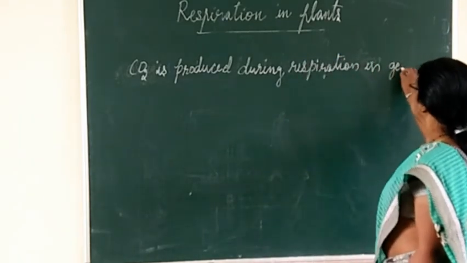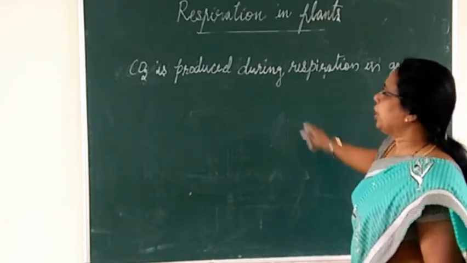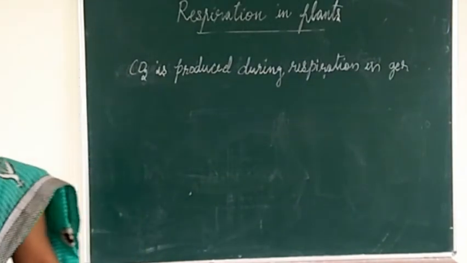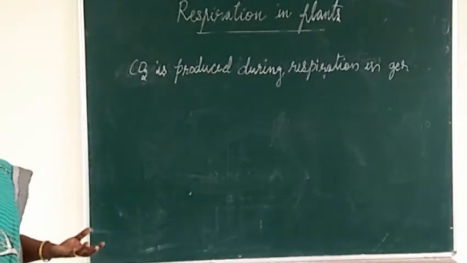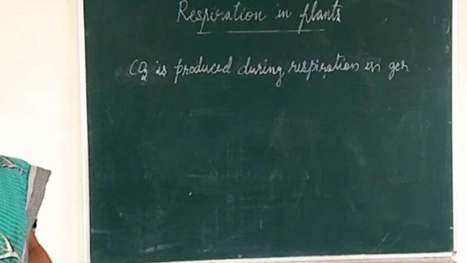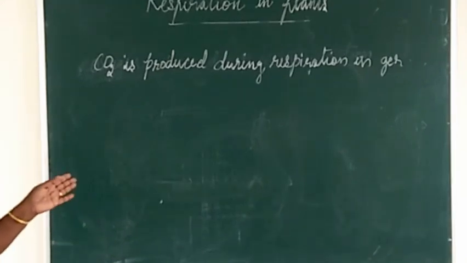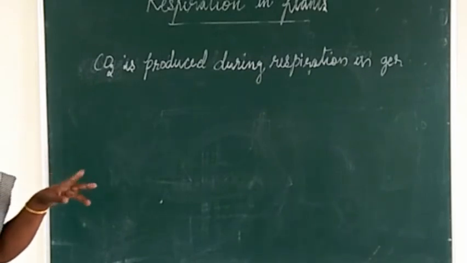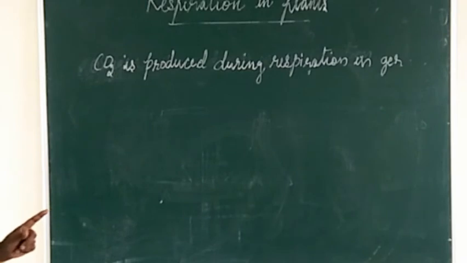With a simple experiment, we can prove that during respiration, as per the equation, carbon dioxide is produced. C6H12O6 plus 6O2 gives 6CO2 plus 6H2O plus energy. So 6CO2, carbon dioxide, is produced.